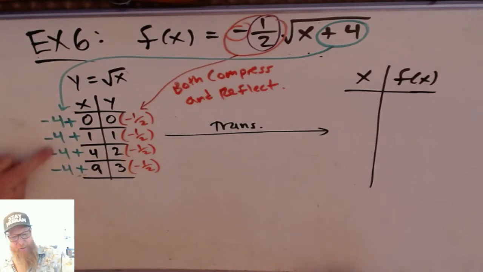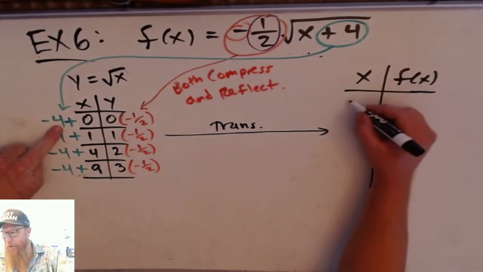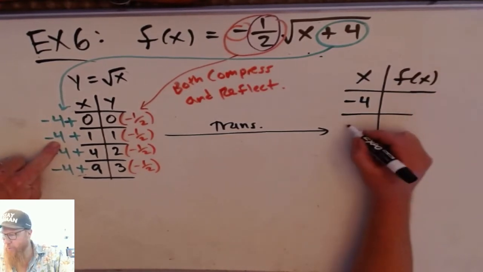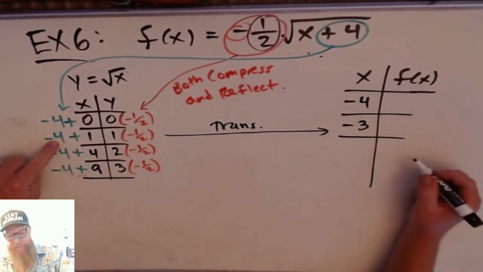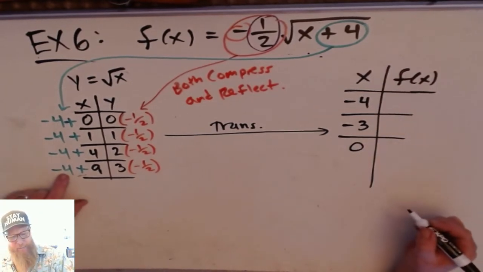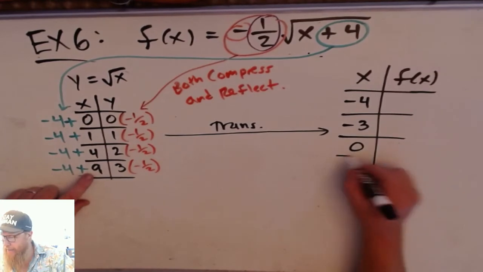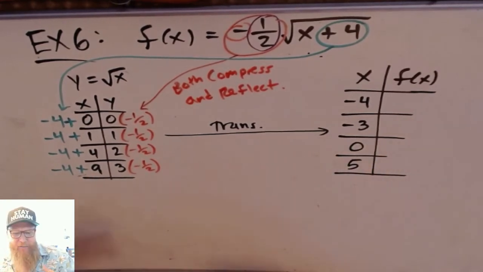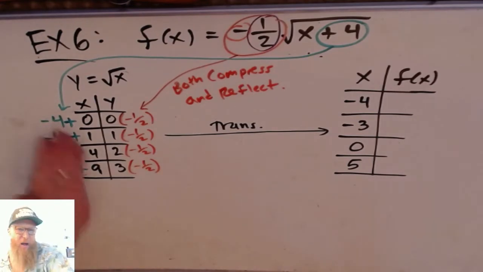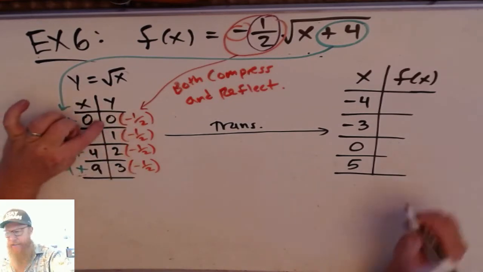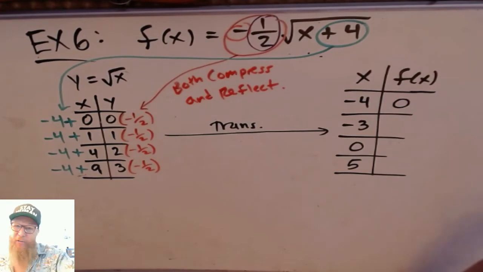So I like to just do all the x's first. -4 plus 0, that's -4. -4 plus 1, that's -3. -4 plus 4, that's 0. -4 plus 9, that's 5. So personally, when I do transformations, I do all my x's, unless there's nothing to do. Oftentimes there's nothing to do over here, but if there is, do it first, and then do the y's last. Now, I'll leave it to you to do it in any order you like.